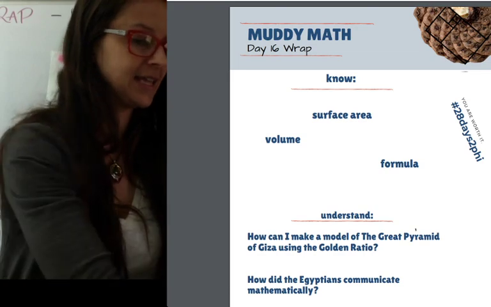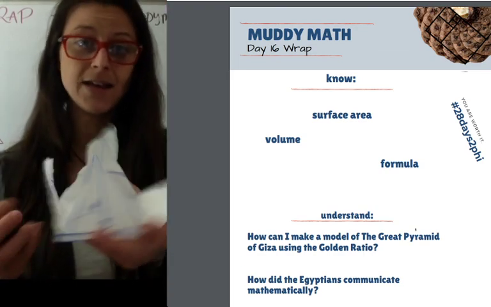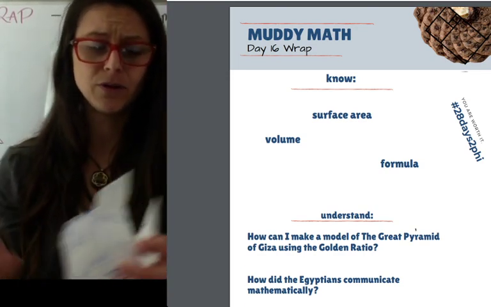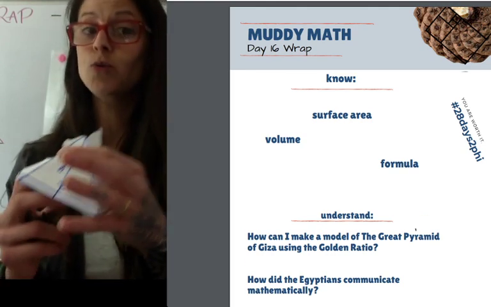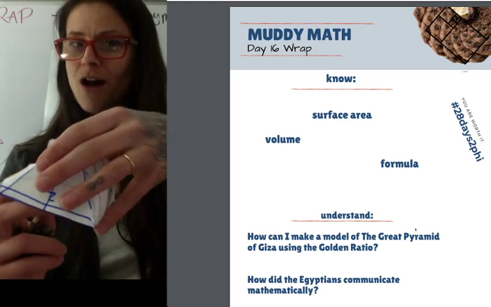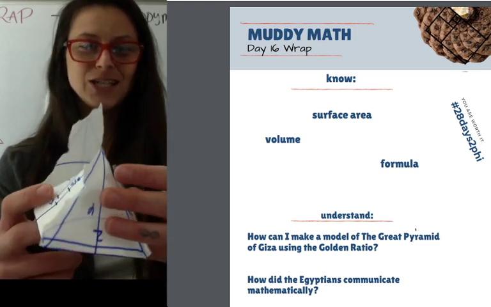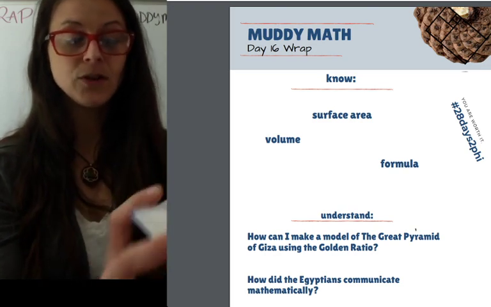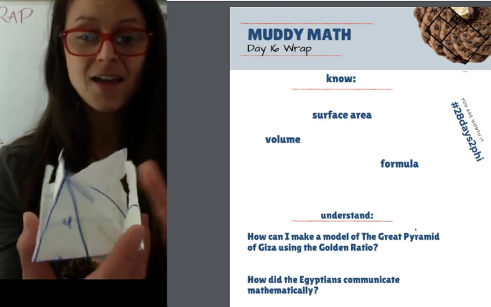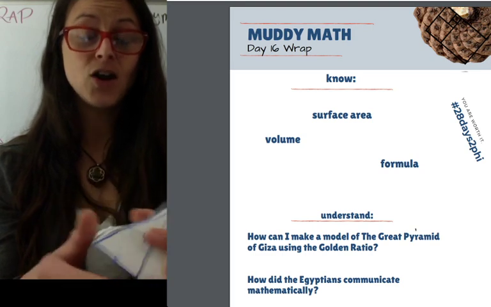Well, if I made a net and then I covered it in tape and it was pretty durable, and I knew that this was a scale model, proportional to the ancient Egyptians' Great Pyramid of Giza, and I know that this is built with phi and the square root of phi and a unit, right?